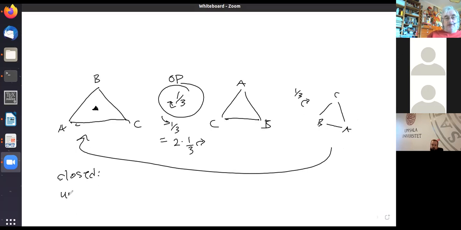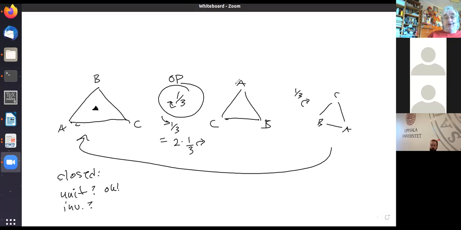Is there a unit? Is it a possibility for any object to be transformed to the same object? Yes, it's just doing a full turn rotation. Is there an inverse?